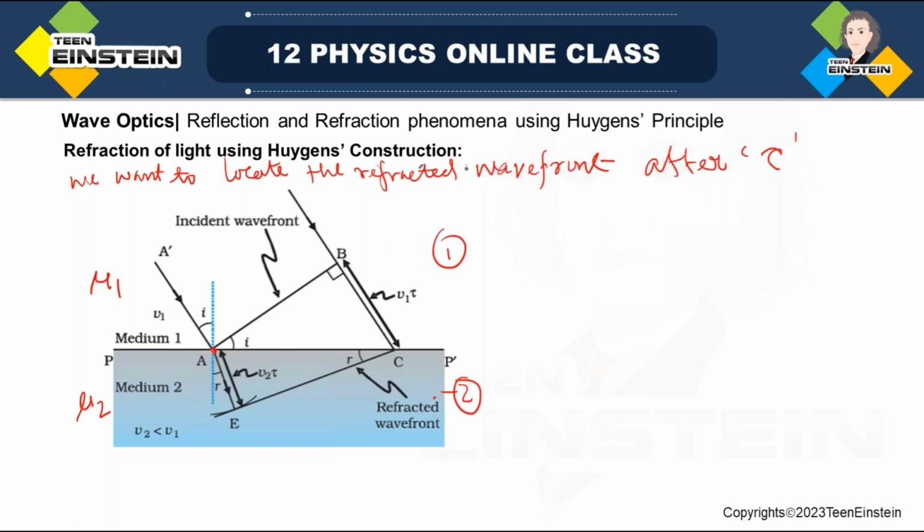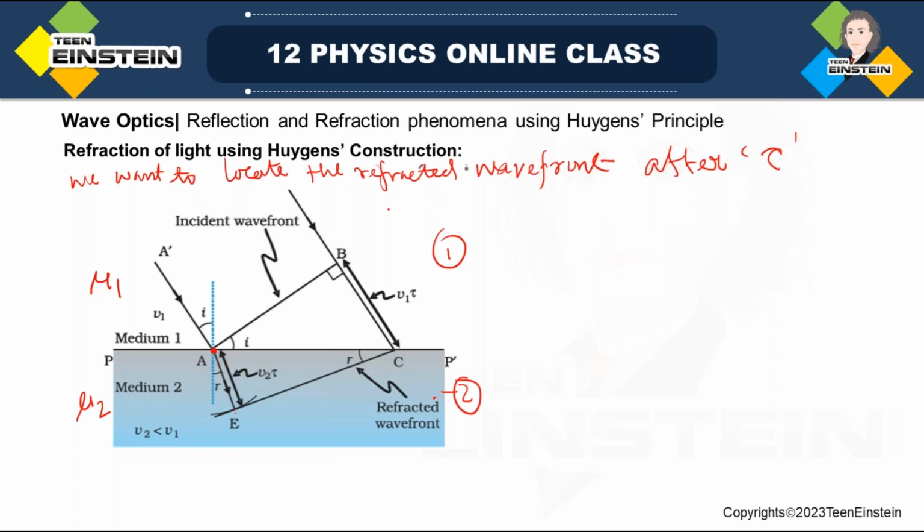So look, just after reaching the interface, from A, new wavelets will move up to this point E.